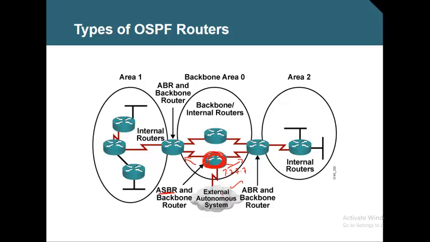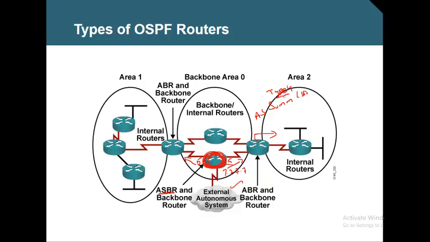Now, listen carefully. Type 5 originates from this router, but this router will also have another summary LSA called Autonomous System Summary LSA, which is type 4.